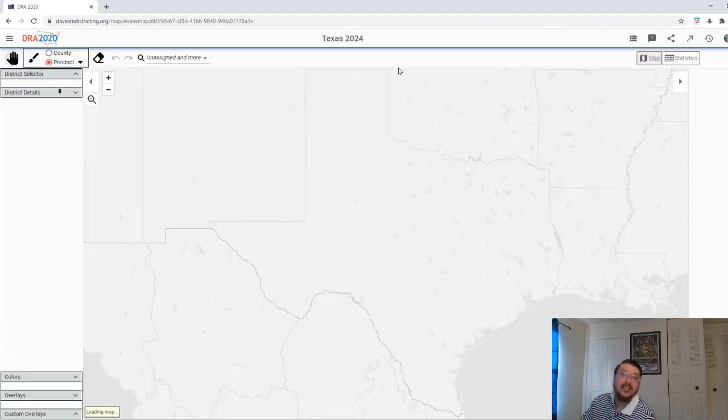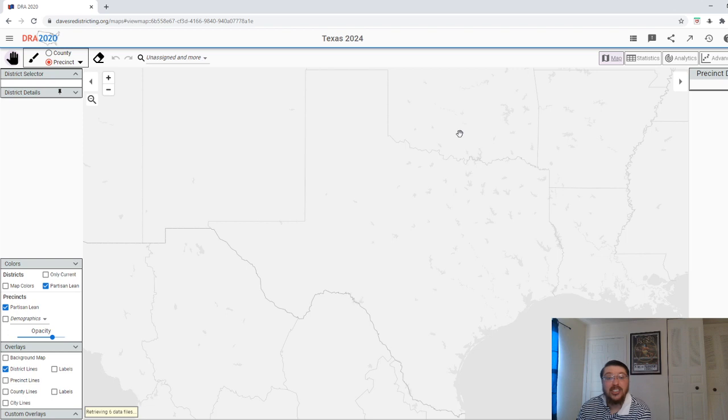Now, Texas, I actually drew as a hypothetical exercise once, a Texas map where I managed to get only 3 districts for the Democrats, but I figure what the Texas GOP is going to do is they're going to draw a bunch of safe Democratic seats.